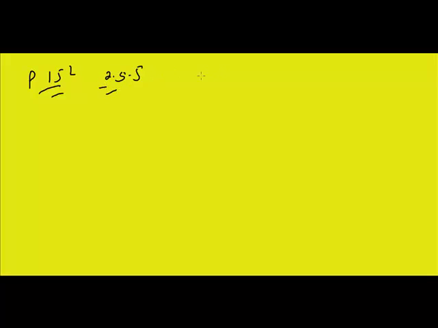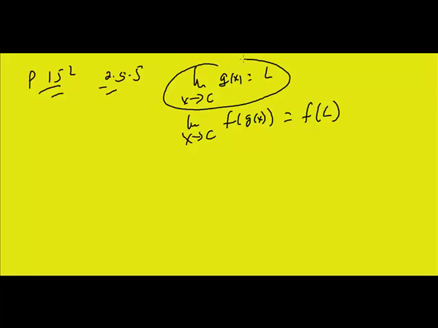It says the limit as x goes to c of g of x is equal to L, and if function f is continuous at L, then the limit as x goes to c of f of g of x is equal to f of L. So if f is continuous, when you're finding a limit of a composite function, you can go inside and find f of the limit as x goes to c of g of x.